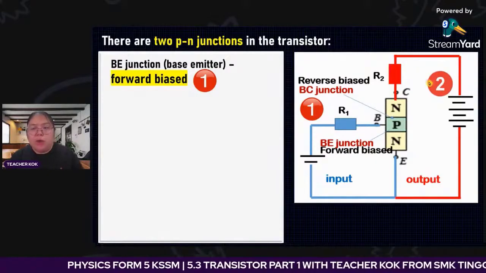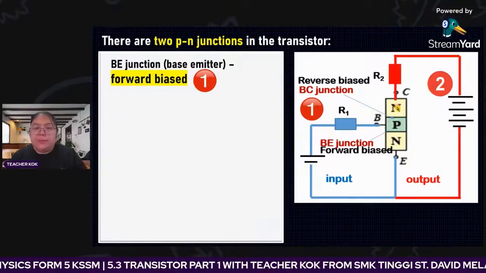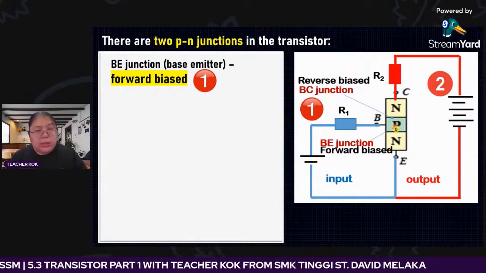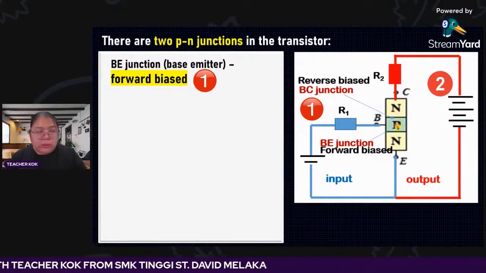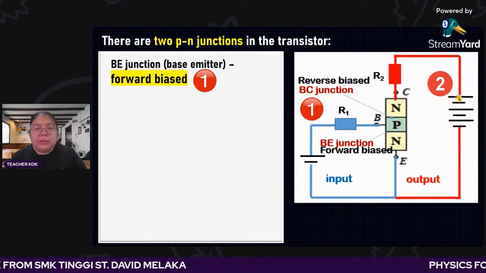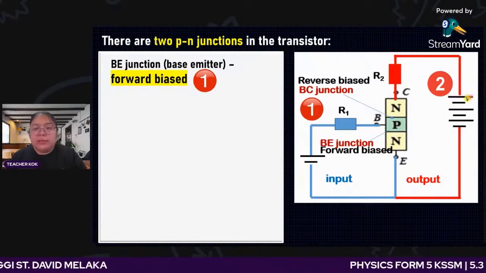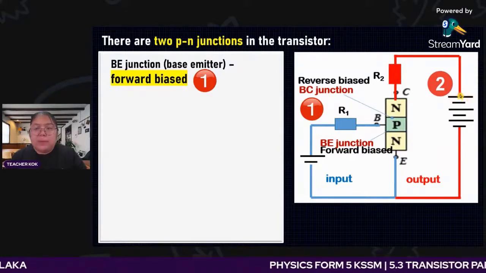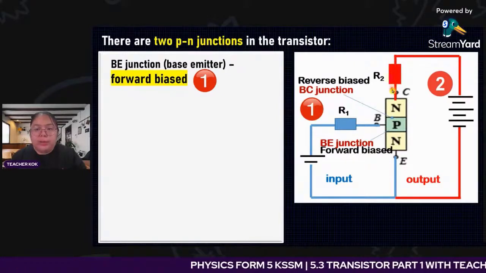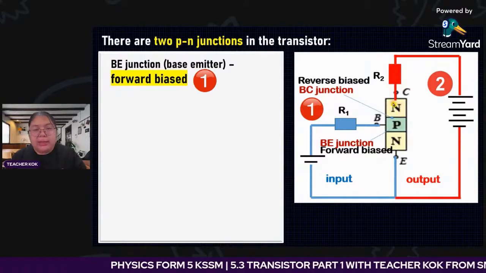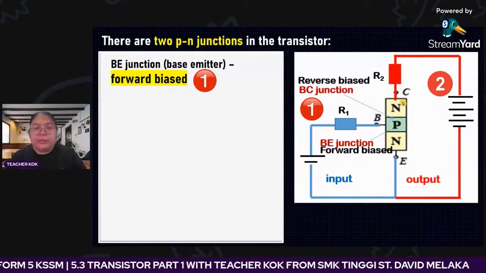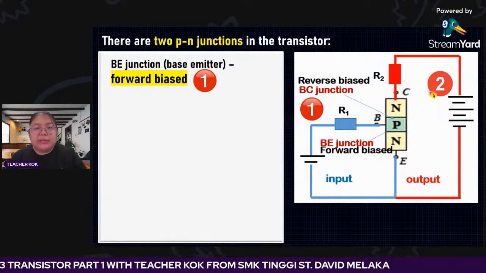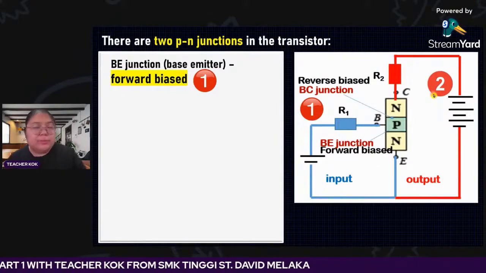Number 2, I want you to observe NP. For number 2, there's a negative and positive. So you see the terminal. This terminal is a positive terminal, but it joins the N-type. N-type is a negative type. So that means the collector circuit actually is a reverse bias.